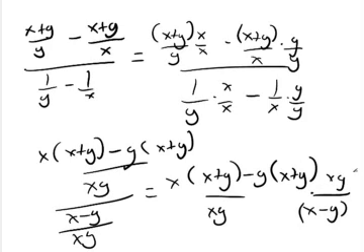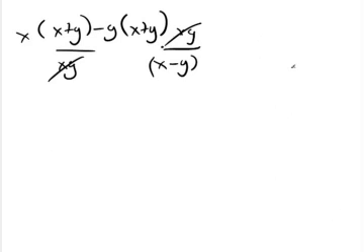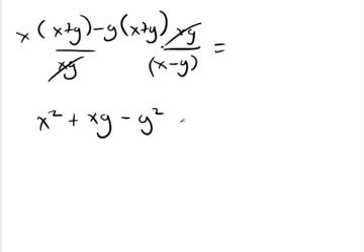At this point, these values cancel out, and we have x squared plus xy minus y squared minus yx.